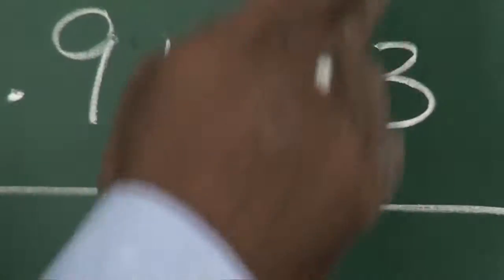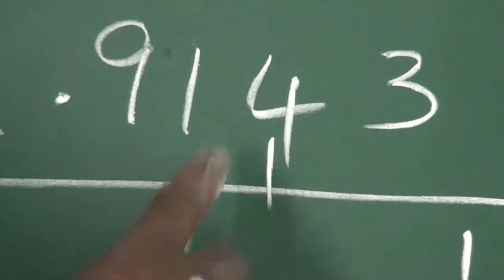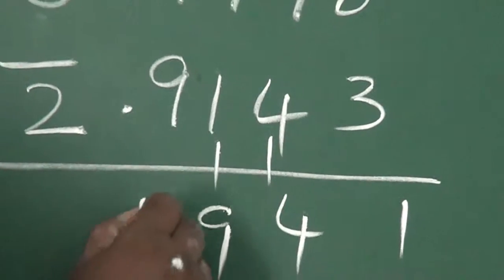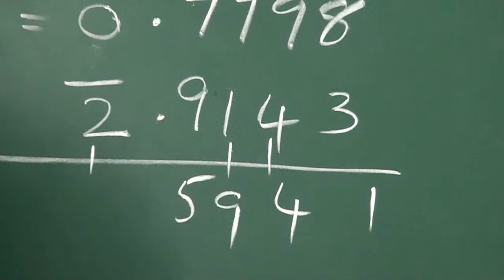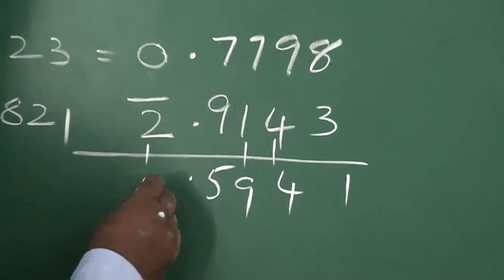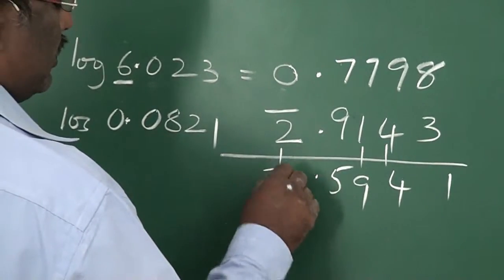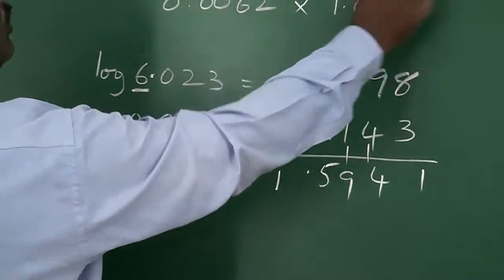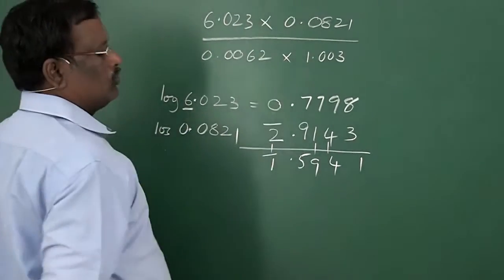Sorry, add, addition. Since it is a multiplication, you have to add it. 11, 14, 9, 15. So it is bar 1.5941. So this is the log value for the product of these two.